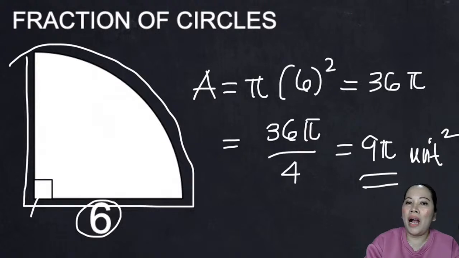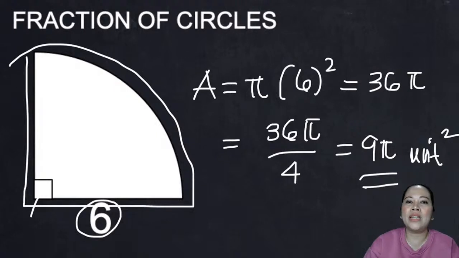What if you are asked for the perimeter or the circumference of your shape? In this case, since it's only a portion and there are 2 straight edges, we use the word perimeter instead of circumference.